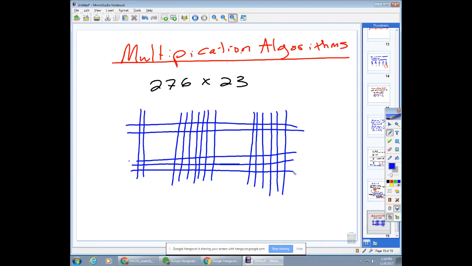So you can see here, she's got 276 over there, and then here she has her 23.